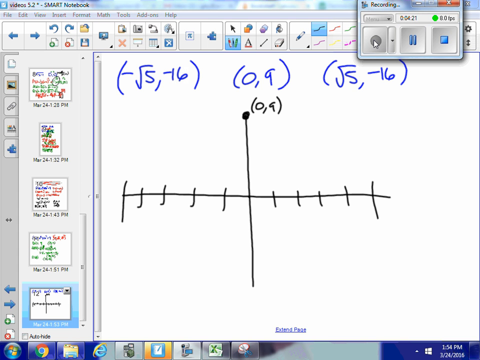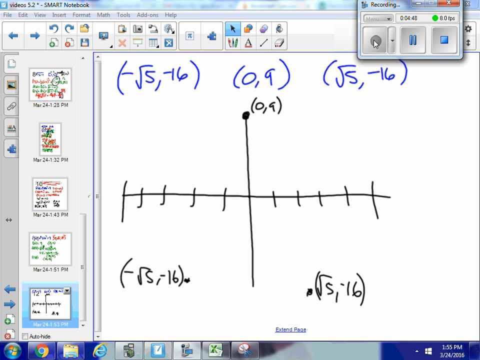So I'm going to guess it's somewhere just a little bit past 2, and I'm going to have a point right here at radical 5 comma negative 16, and another point over here at negative radical 5 comma negative 16.